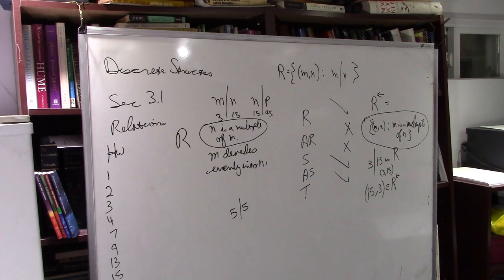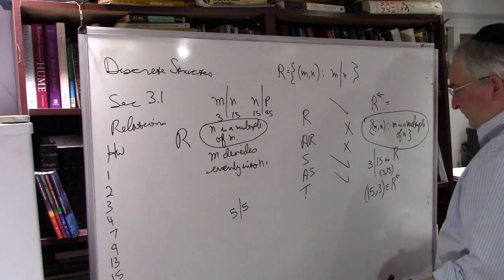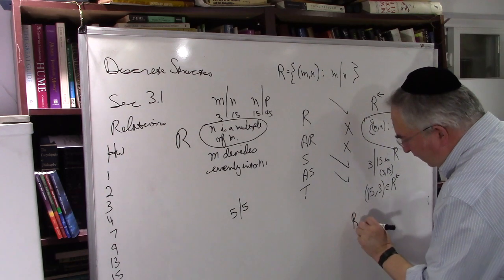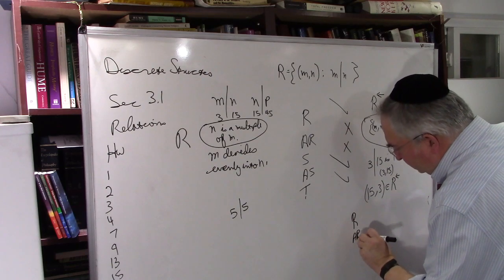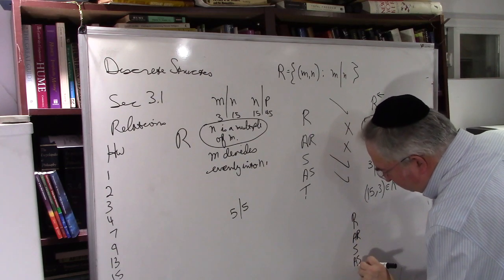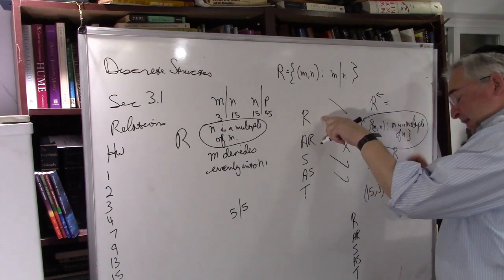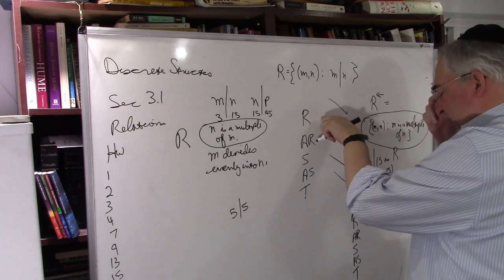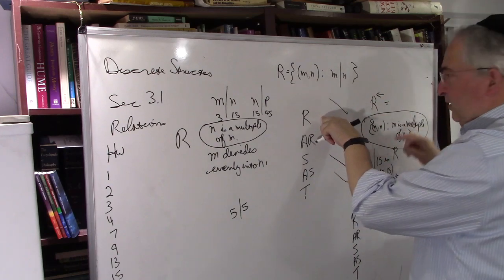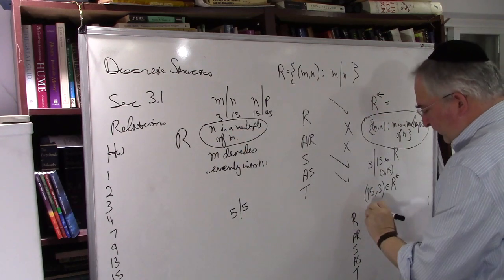Okay, which of the properties does the converse relation satisfy? Well, let's go through it. Reflexive, anti-reflexive, symmetric, anti-symmetric, transitive. Okay, look, if m comma n is in here, then it's also in here.